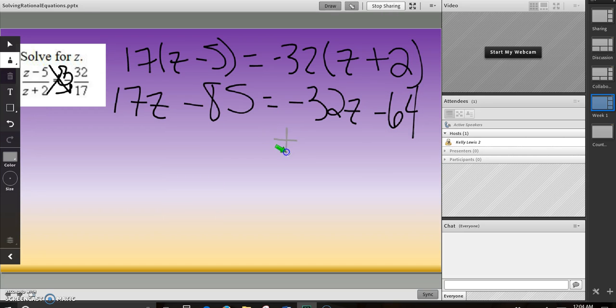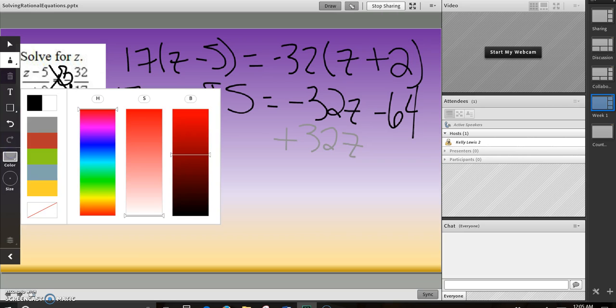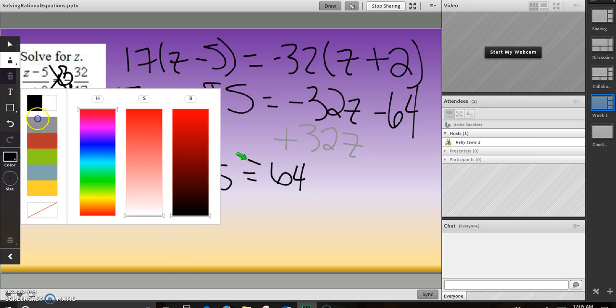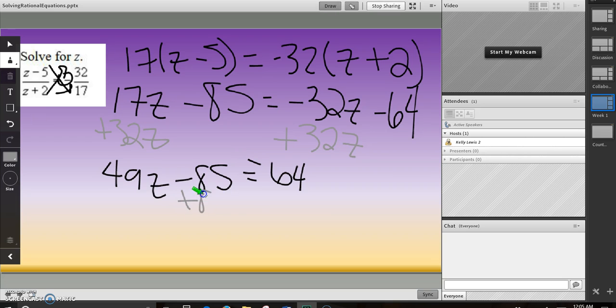I'll put my letters on the left, so I'm going to add 32z to both sides. 17 plus 32 is 49z. Then I'm going to add 85 to both sides.